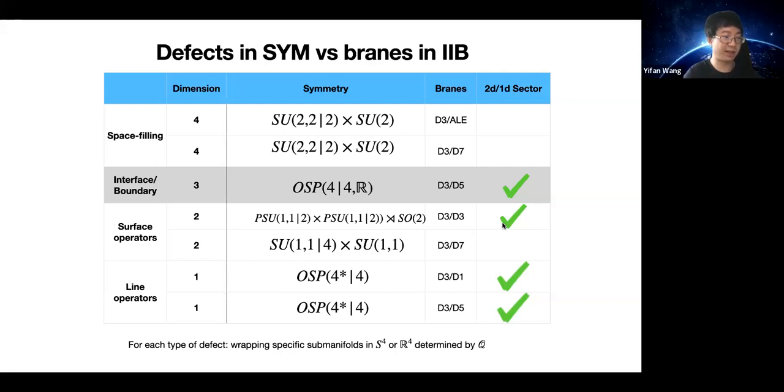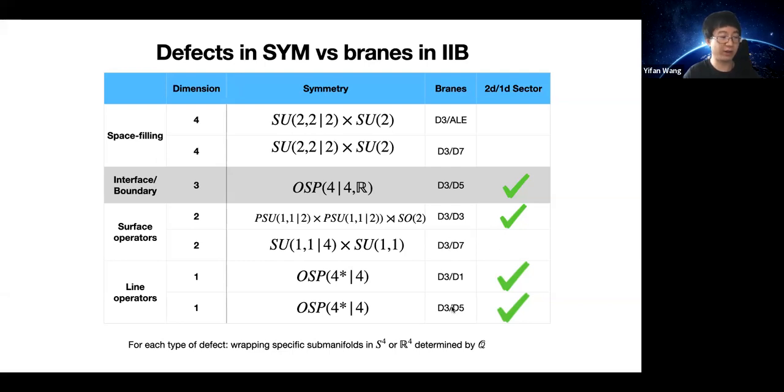That's captured by these 2D YM. But another type of less familiar surface defect, discovered by Harvey and Royston, comes from the intersection of D3 and D7 branes. It's a purely chiral surface defect, and that's not captured by this 2D, 1D sector.